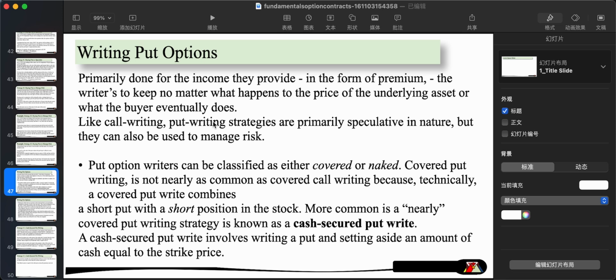More common is a nearly covered put writing strategy known as a cash secured put write. A cash secured put write involves writing a put, which means that you're selling a put, and setting aside an amount of cash equal to the strike price.